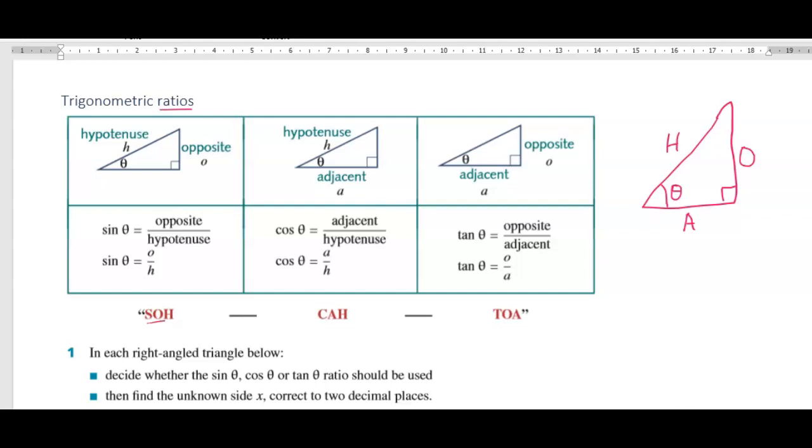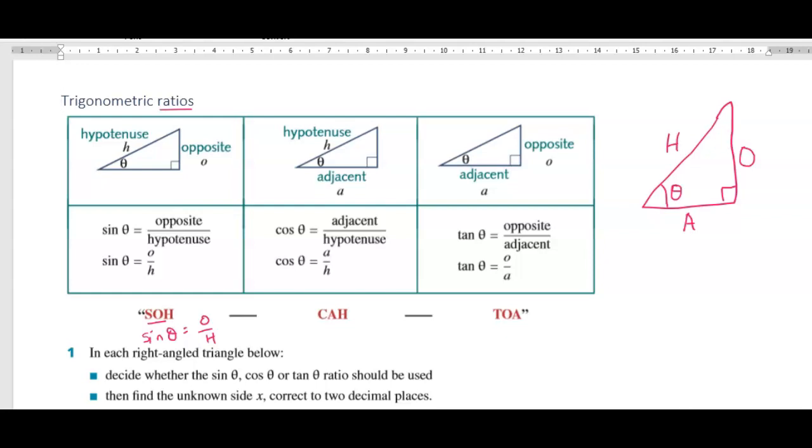So it just helps us remember that sine is used for opposite and hypotenuse. Now, if you have the adjacent side and the hypotenuse, or one of them and an angle, we use cos. So to remember that, we use the acronym CAH. And then lastly, we've got TOA. So that's for tan. So tan theta equals opposite over adjacent.